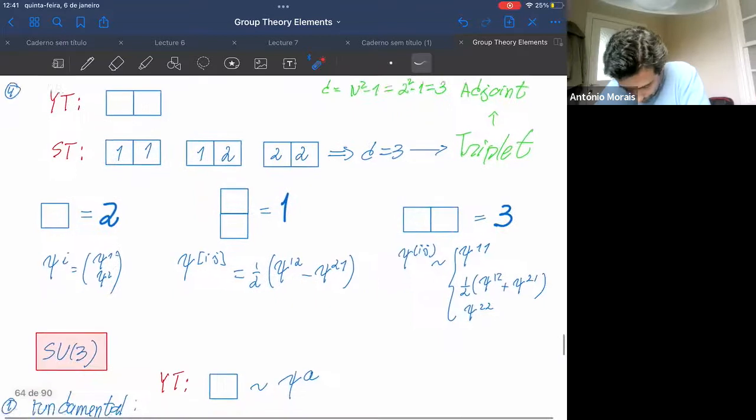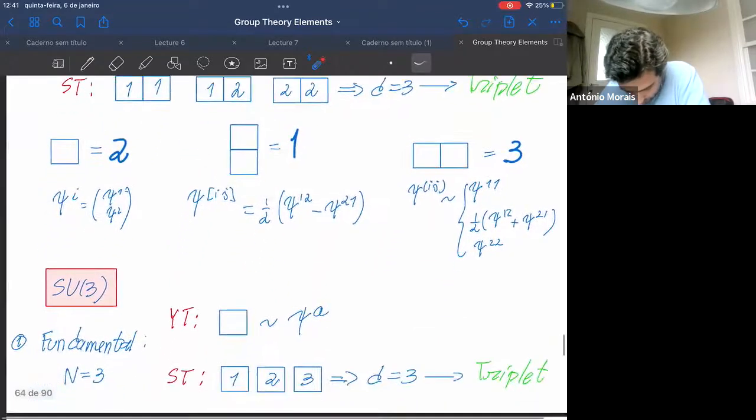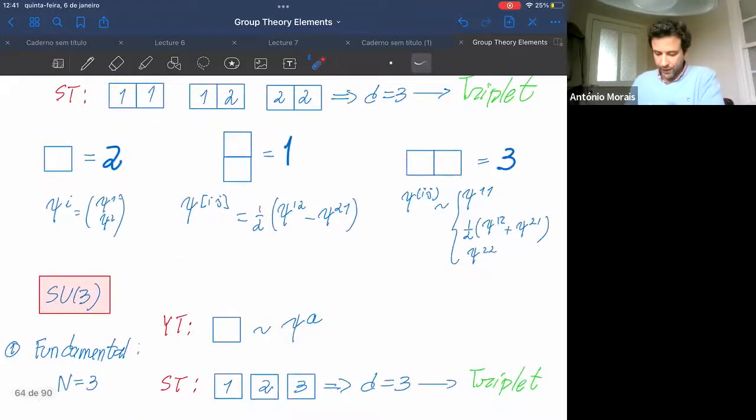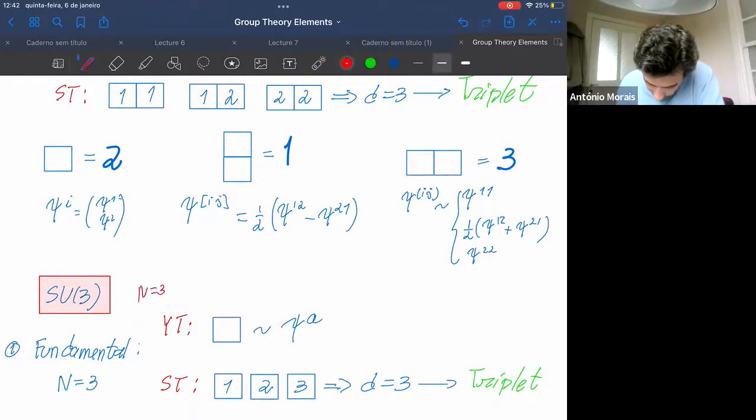Now SU3. Let's do the same procedure for SU3. The fundamental representation, again, is a box. Now n is equal to 3. So we are going to write the standard Tableau, and we can have 3 standard Tableau: one with 1, another with 2, another with 3.